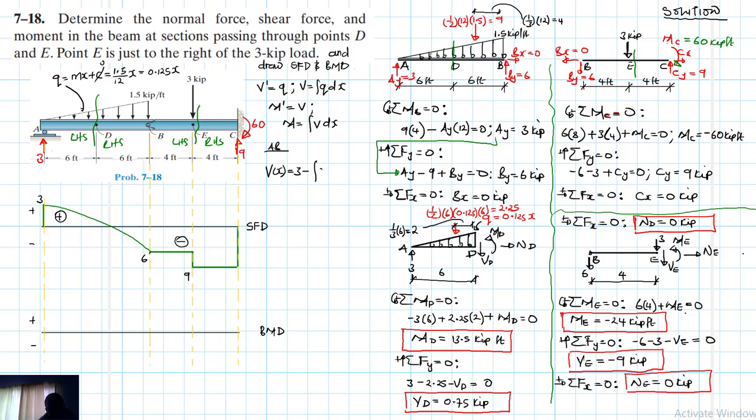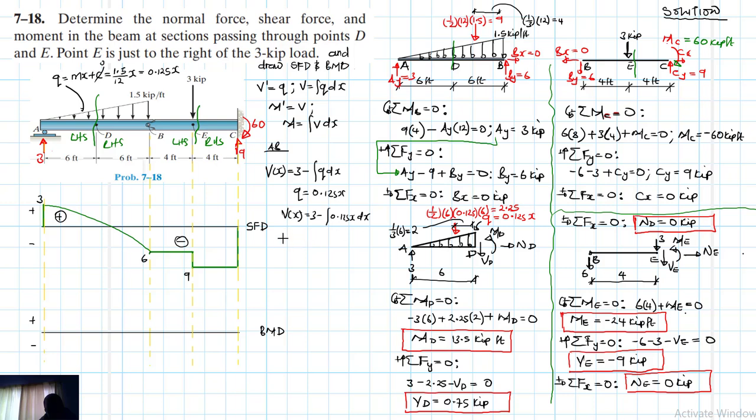So we'll have integral of q dx, right? Remember this? And we said our q is just equal to 0.125x, okay? So plug it in there. Therefore, we have V of x is equal to 3 minus integral of 0.125x dx.